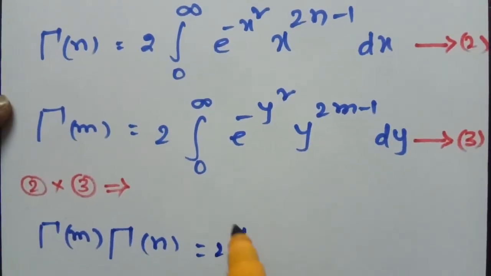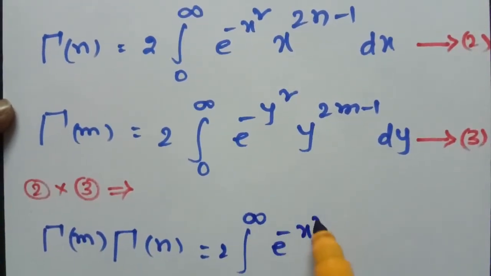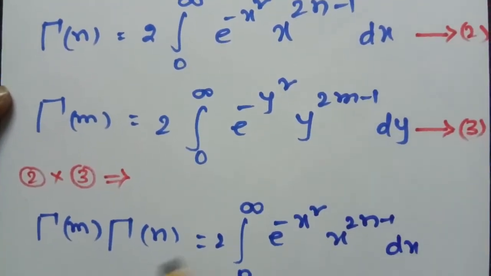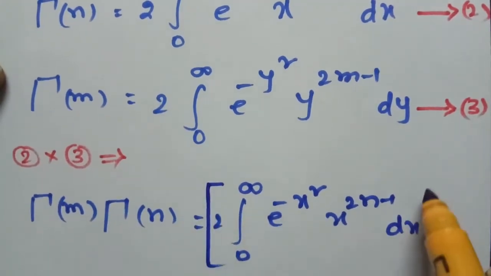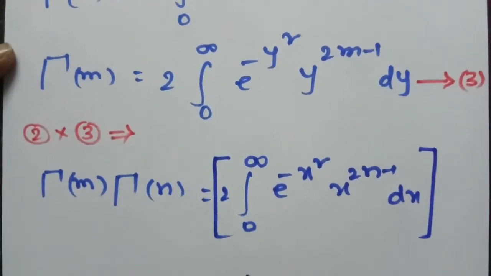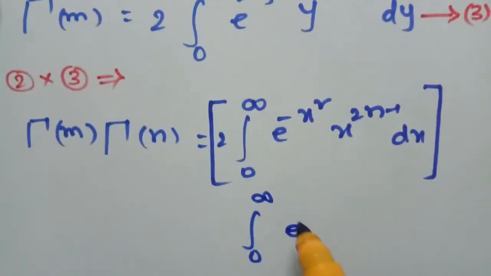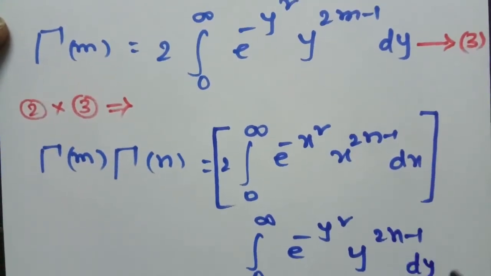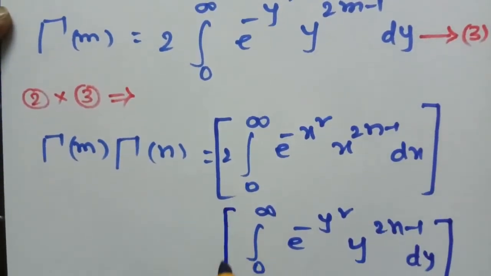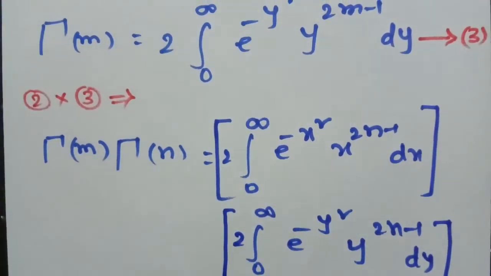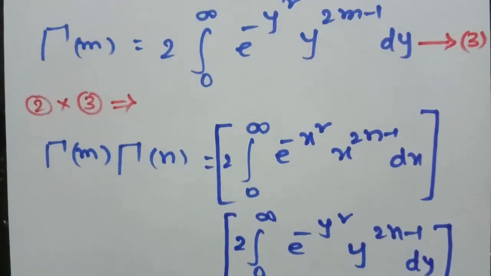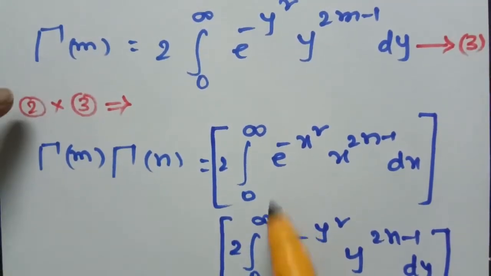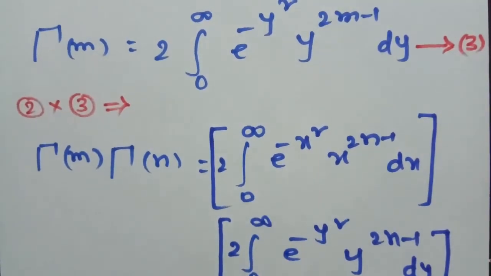2 times integral 0 to infinity e power minus x square into x to the power of 2n minus 1 into dx, into 2 times integral 0 to infinity e power minus y square into y power 2m minus 1 into dy. Therefore, multiplying these two, we get 2 into 2, 4. By the definition of double integration, here both the limits are constant.